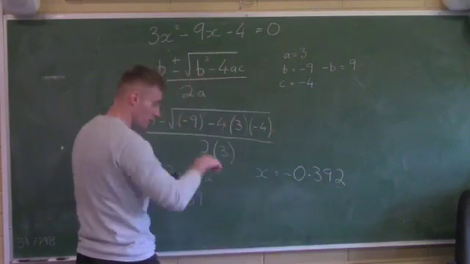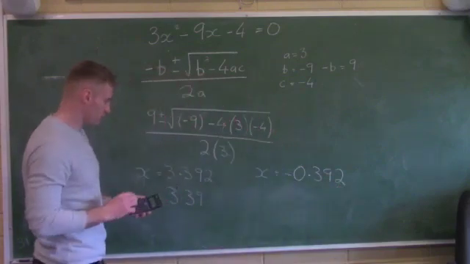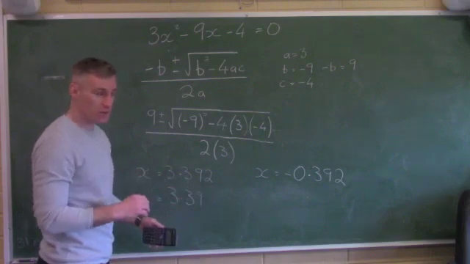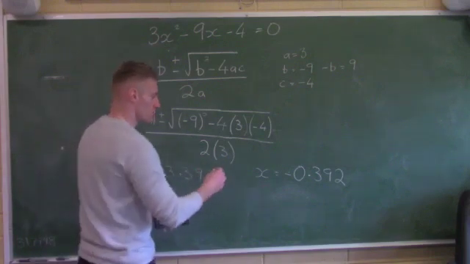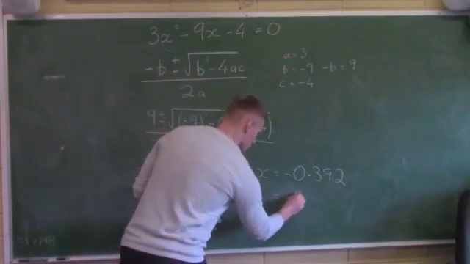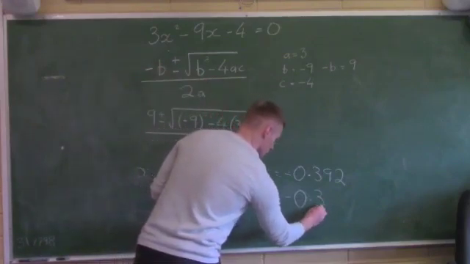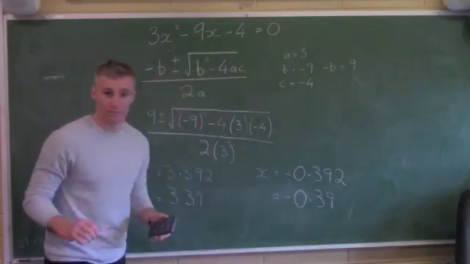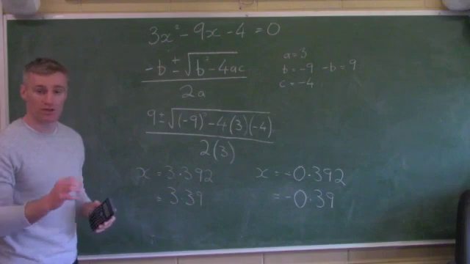So again, I've gone to 3 decimal places. Like this one over here, 2 is not 5 or bigger, so it's going to stay as minus 0.39.